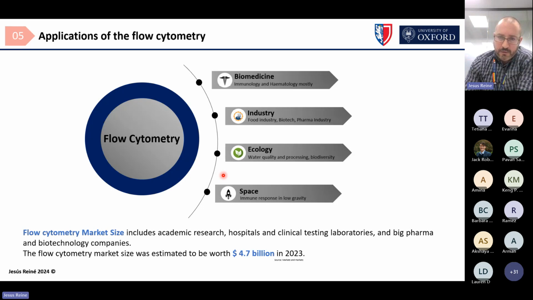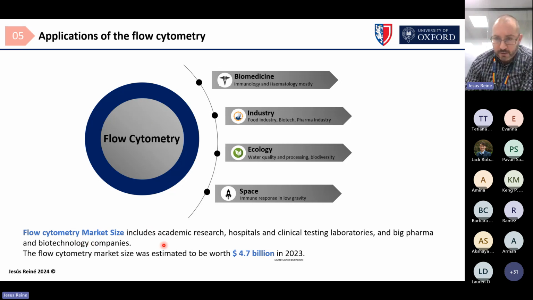And something that's already quite trendy is analysis of immune response in conditions of low gravity, in the case of space. But this is only the beginning, with many applications still to be developed in the space environment. So the flow cytometry market at the moment includes academic research, hospitals, clinical testing laboratories, big pharma, and biotechnology companies, most of them.